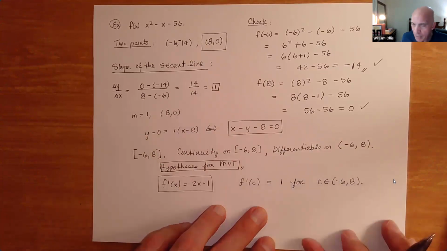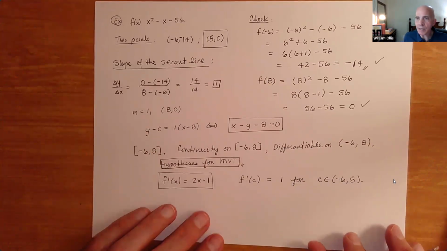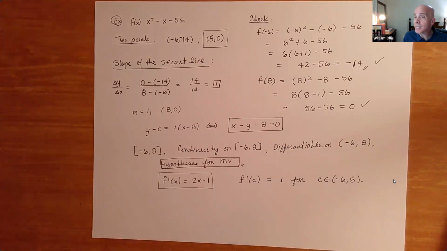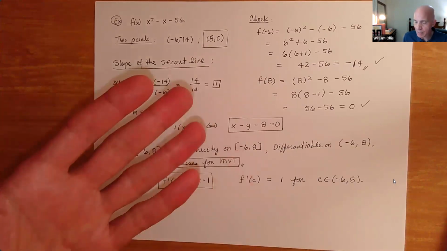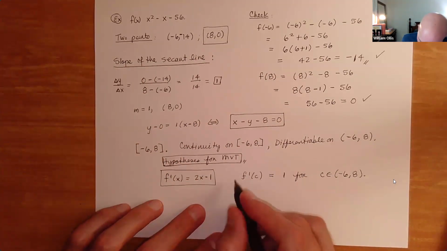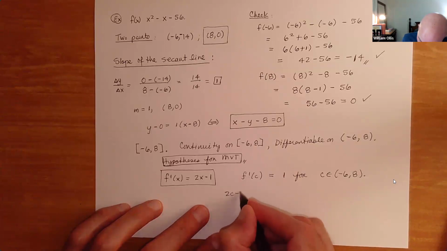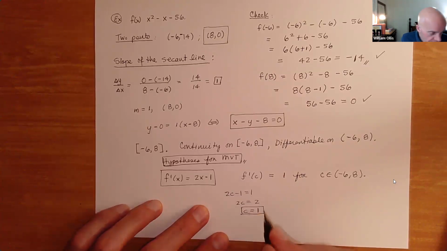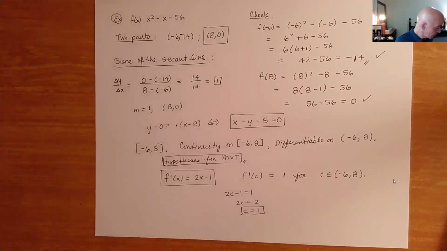So remember, the mean value theorem doesn't say there's one. There could be more than one. There's at least one. The existence is there. So now, of course, this is very simple. We have 2c minus 1 equals 1. So 2c is equal to 2. So c equals 1. And so we can finish the problem.